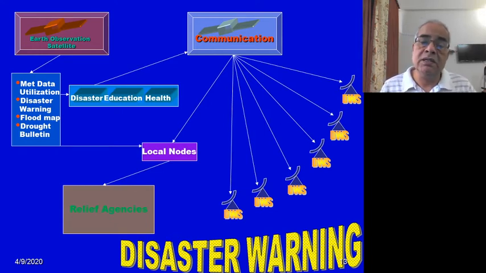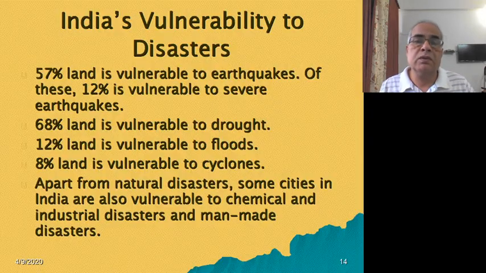The information is supplied to the local node, which coordinates with the district administration and the line agencies, and then they implement it for saving human lives and whatever else is possible. So giving information in advance and asking people to go to safe areas, those types of issues are being taken up.